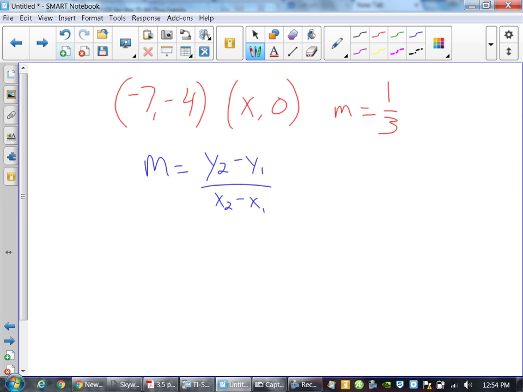Okay? We label and go direct substitution. First x value, first y value, second x value, second y value. All 5 of them are now labeled. It's a matter of just putting it all together. 1/3 is 0 minus -4 over x minus -7.